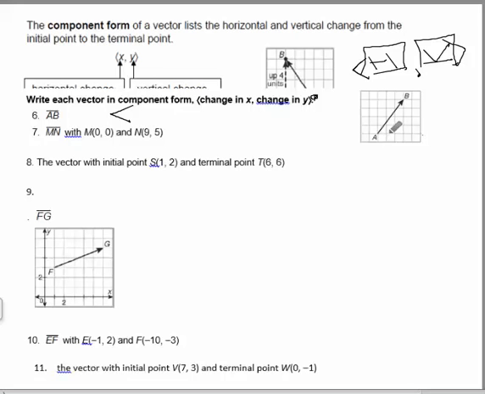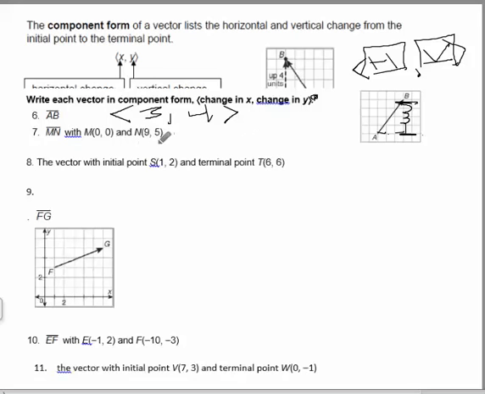So we just have to figure out how far it went from A to B. How far to the right did it go? 1, 2, 3, looks like 3. And how far up did it go? It started down here and went up to here. That's 1, 2, 3, 4. So the component form is <3, 4> with those pointy brackets. Use the less than and greater than signs on your keyboard, which are right above the space bar on mine and kind of to the right.